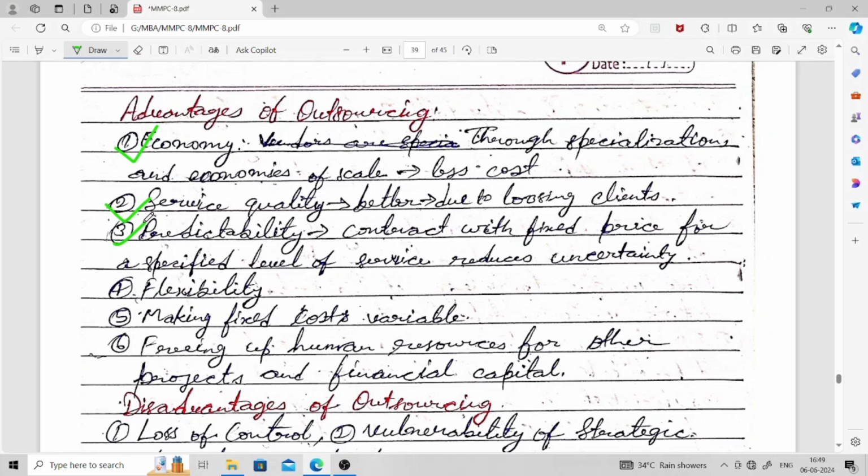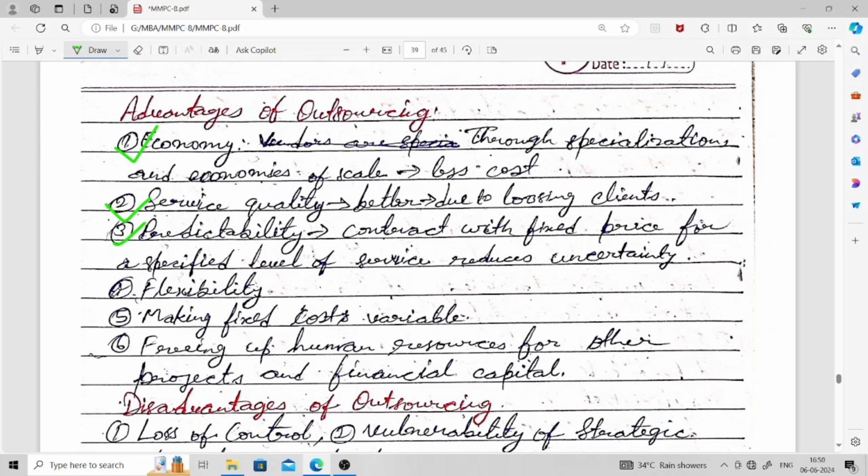Because if we develop the information system internally, it may cause a lot of cost, and there will be uncertainty also, because sometimes there will be fluctuation in the financial stability. So that's why it is better to outsource, then it will become more predictable.